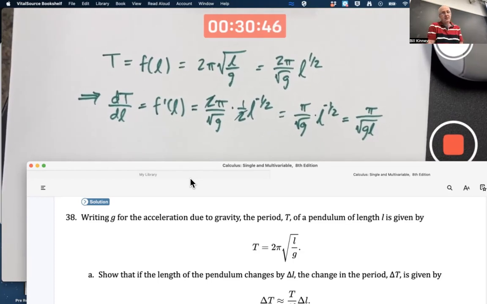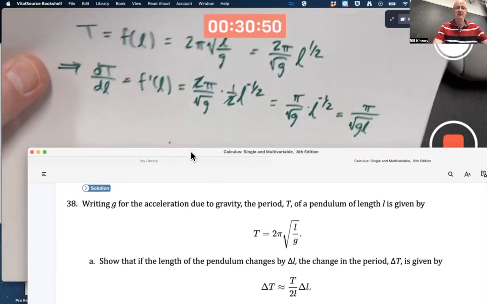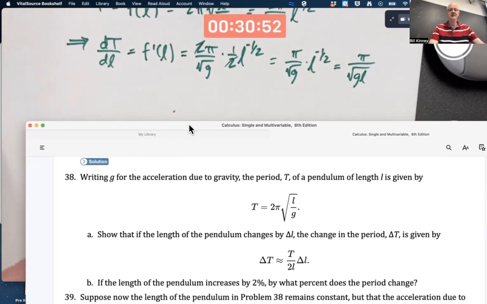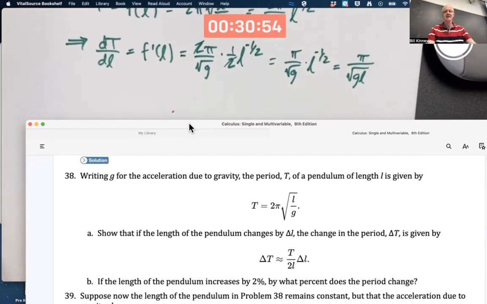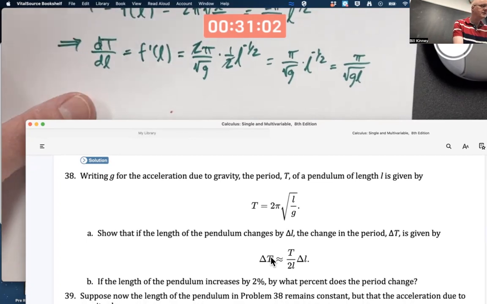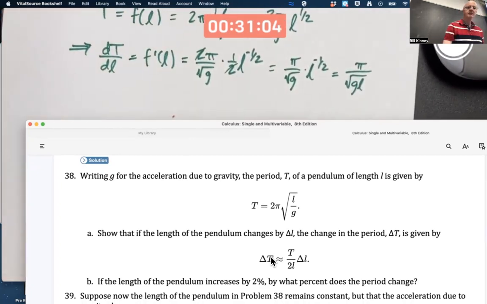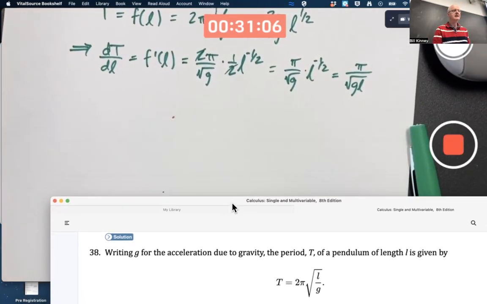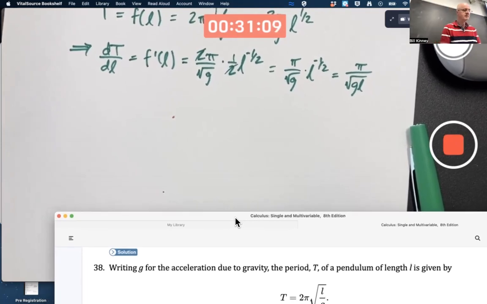All right, so that's the derivative with respect to L, but how do we solve the problem? Part A says, show that if the pendulum length changes by delta L, then the change in period delta T is given by this approximation. Before we do the details here, it would be good to rewrite the local linearization approximate equation in a new way.